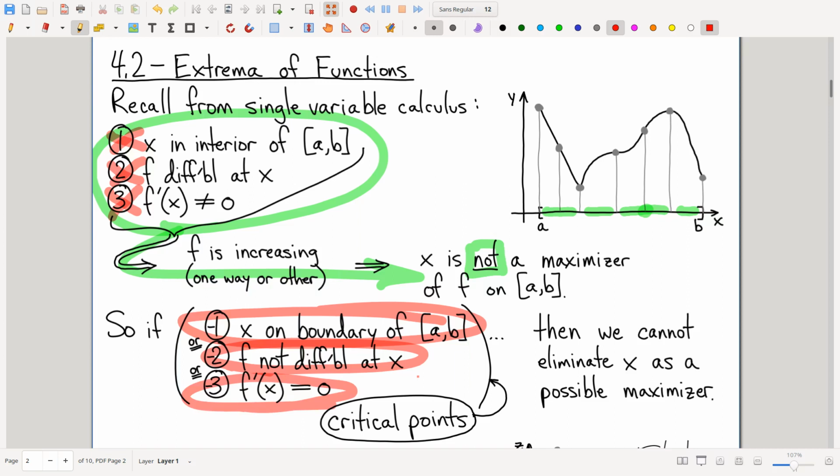Now what happens in this scenario? If any one of these conditions fails, I can't conclude. I can't say that I know what's going on at that point. I can't eliminate those points as possible maximizers. My test just fails. Now, it is true that the maximizers I'm looking for will be among these points where I don't know what's going on.